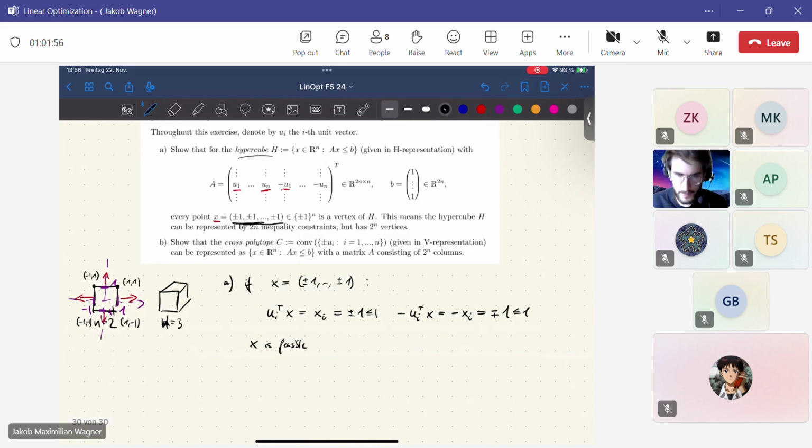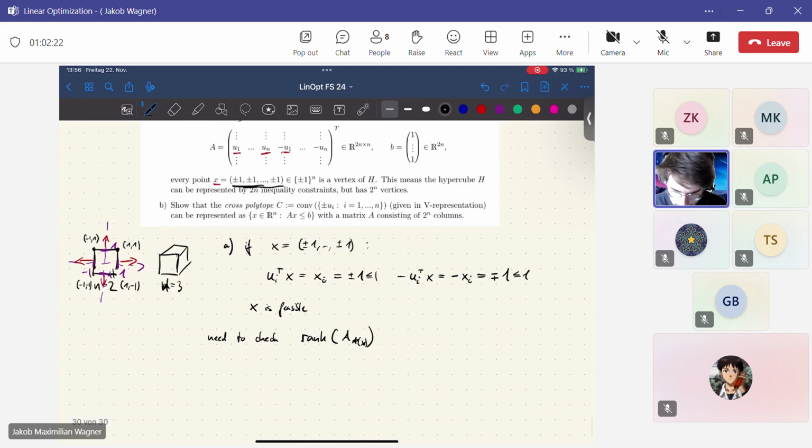And in order to check whether it's a vertex, we need to check what rank the matrix of active constraints at this point has. So we need to check the rank of A, where we select all the active indices of this point x.